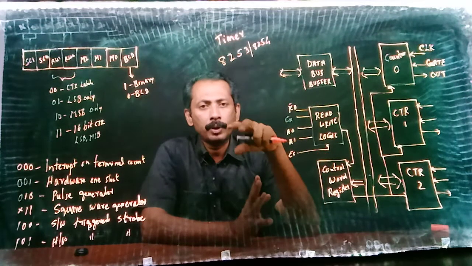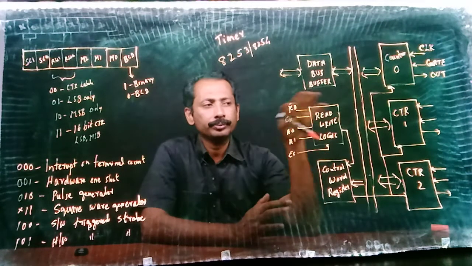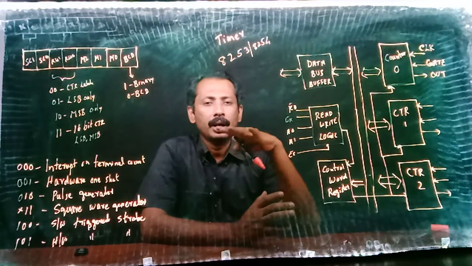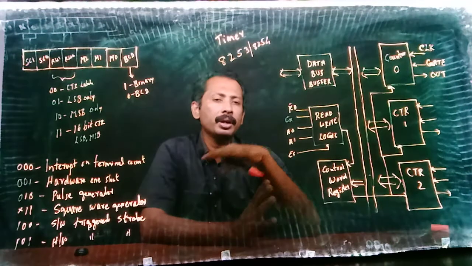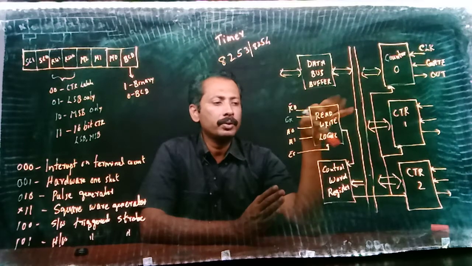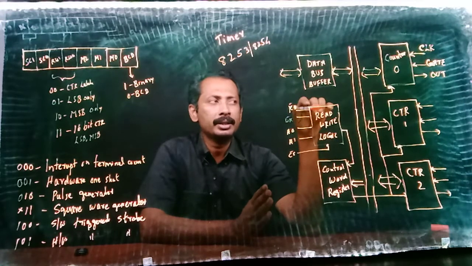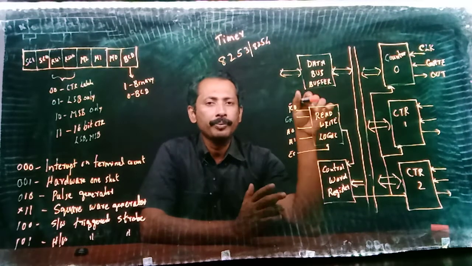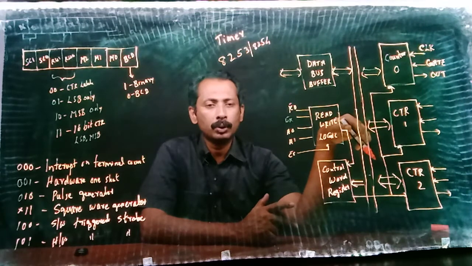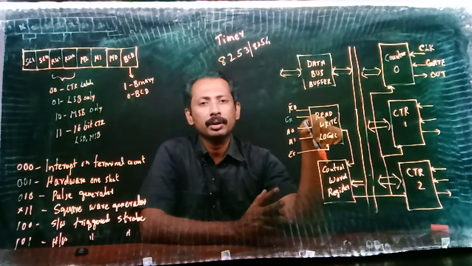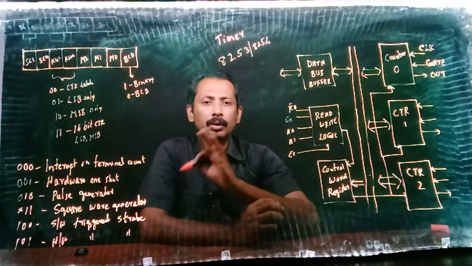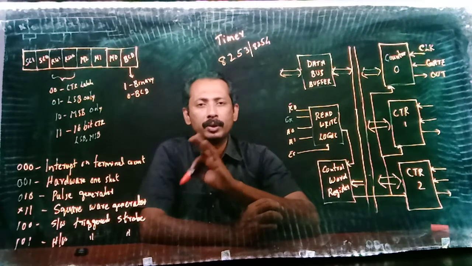The corresponding control word will be formed using a bit pattern, and this control word will be written to the control register. Assume that we have the addresses 80 for counter 0, 81 for counter 1, 82 for counter 2, and 83 for the control register, as we assumed in 8255.